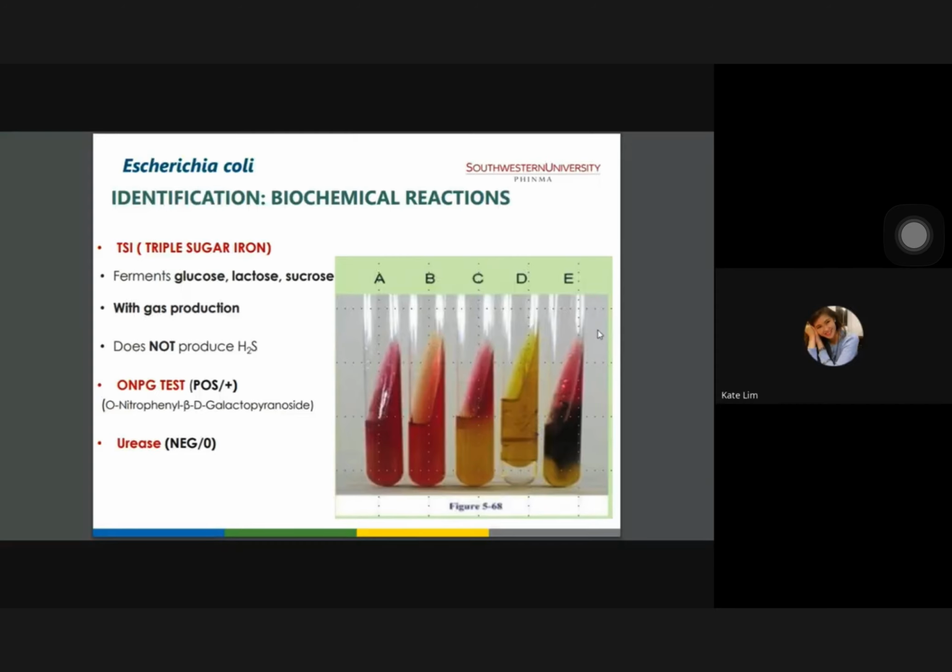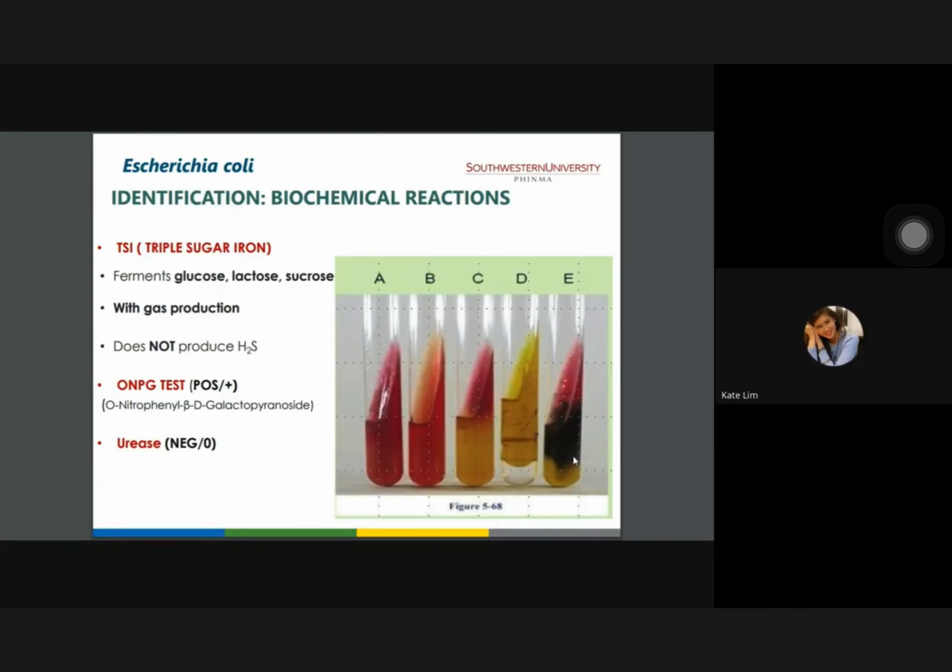For letter E, it is actually the same as letter C, but then again, letter E has hydrogen sulfide. As you can see here in the slant, it is still alkaline, K. The butt is A. So that's K over A, alkaline over acid, with H2S, or positive for H2S.